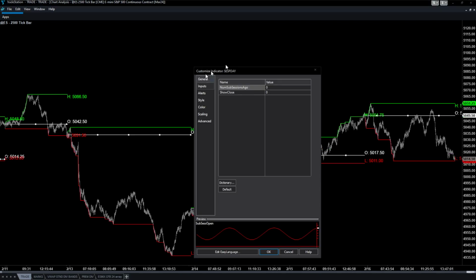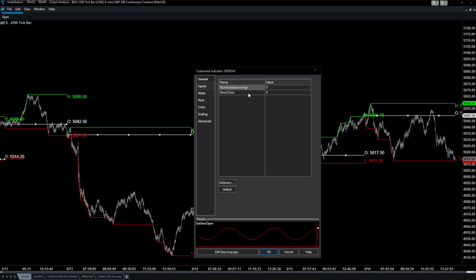The next indicator has two input fields. If this is set to 0, it's going to show you the open and the high as well as the low of the overnight session. So this is going to open at 1600 hours and then chart the high and the low as well.